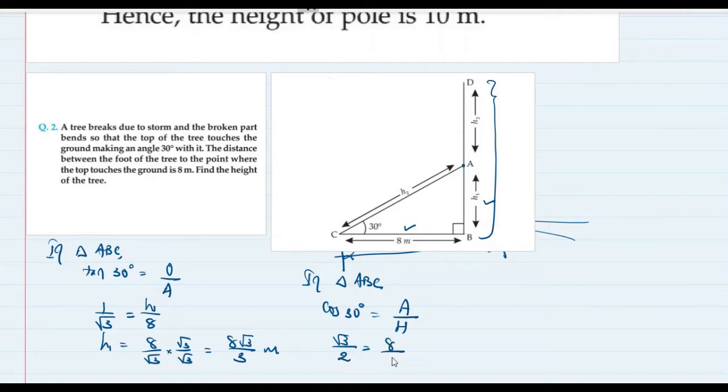Adjacent is 8 upon hypotenuse, which is h2. Okay, so h2 will become 8 multiplied by 2 divided by root 3, which is 16 by root 3. This is h2. Okay, so we have found h1 and h2. Now height of the tree is h1 plus h2.